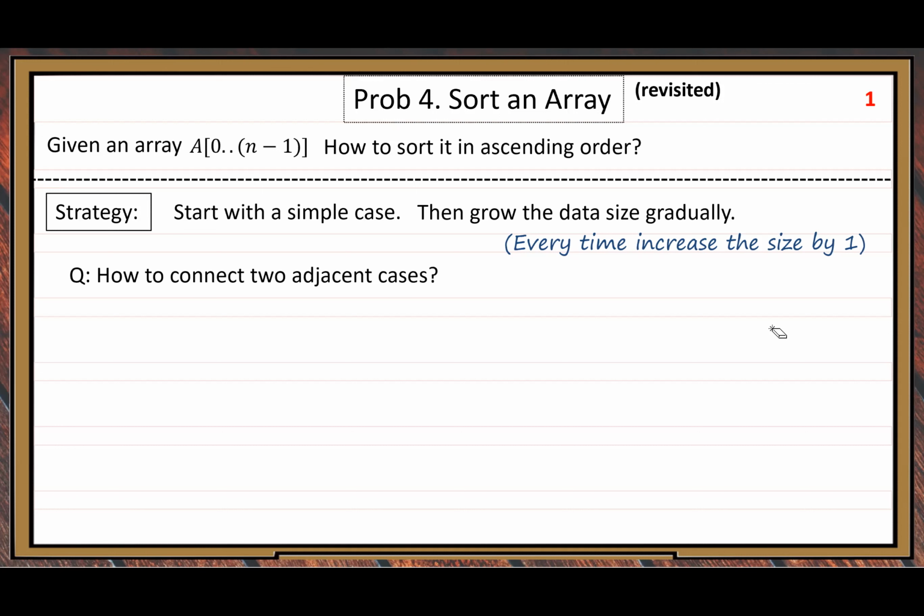All right, so let's look at the detail part. Question: how to connect two adjacent cases? What do you mean by two adjacent cases? It's simple, because every time you increase the data size by 1, you are working on two adjacent cases, where one subproblem has one more element than the other one.